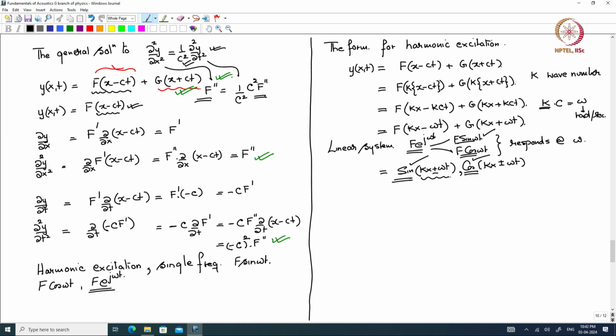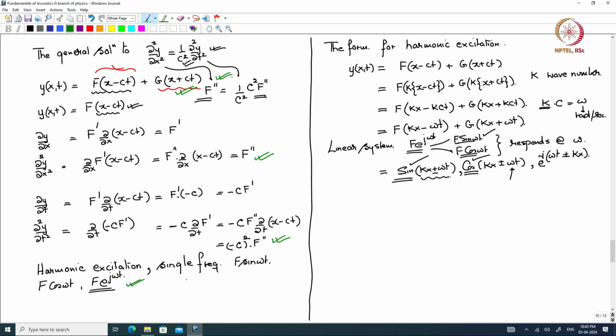That means here also I will consider the exponential notation, okay, and I am used to having omega t in the front. So, I will say omega t plus minus kx. Okay. So, what have we accomplished? What we have accomplished is that our systems are going to be harmonically excited.